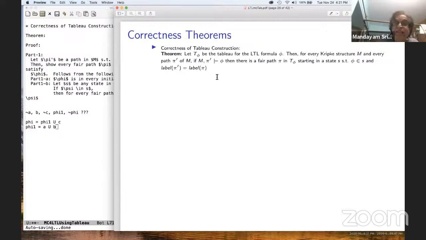That's why you could use this tableau, which is constructed independently of any particular transition system, to check the transition system.